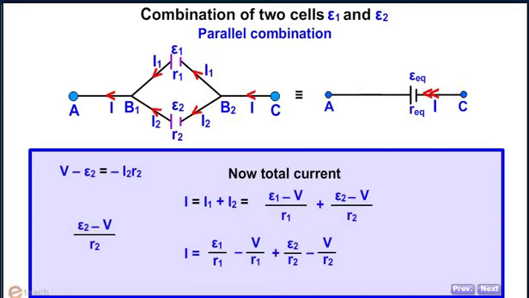Now the total current I equals I1 plus I2, which equals epsilon 1 minus V upon R1 plus epsilon 2 minus V upon R2. I equals epsilon 1 upon R1 minus V upon R1 plus epsilon 2 upon R2 minus V upon R2.